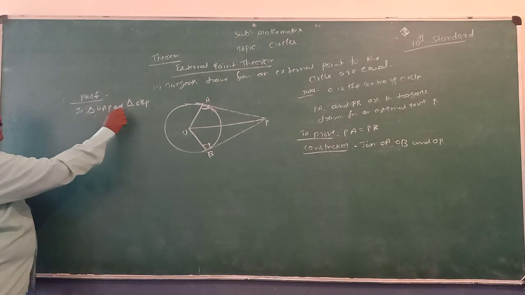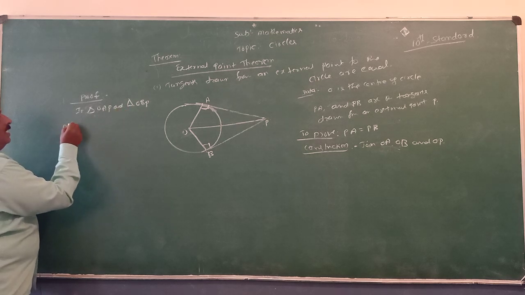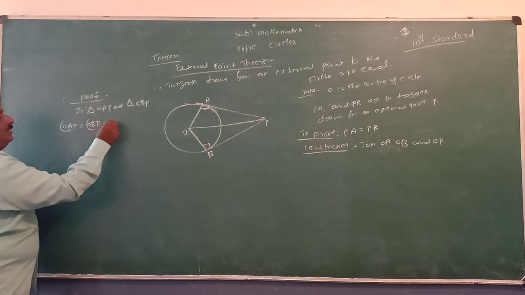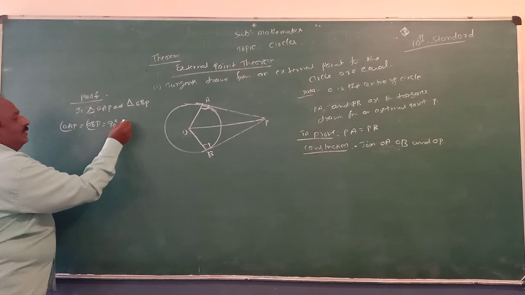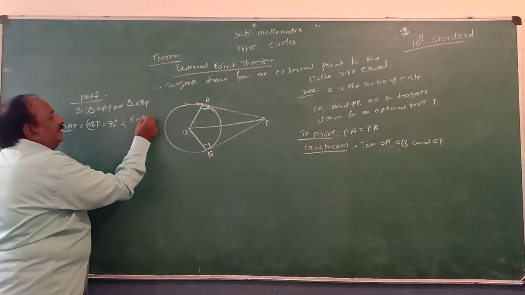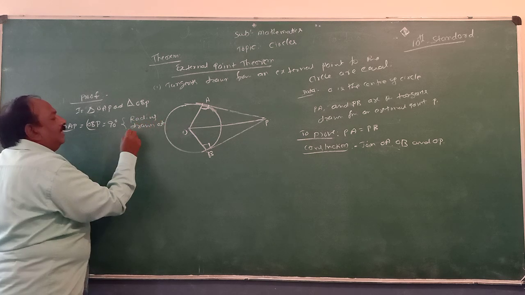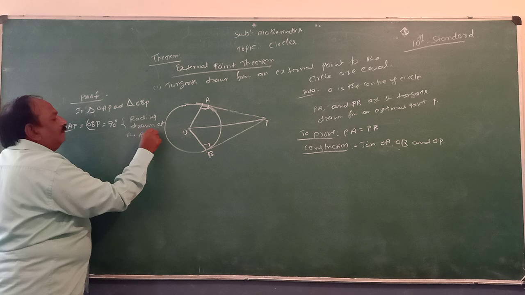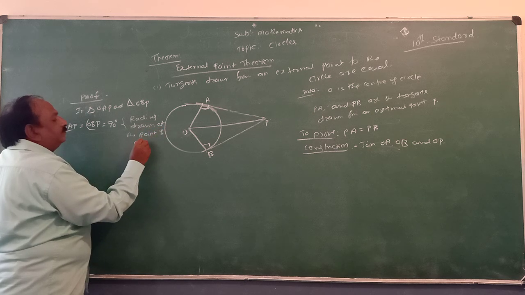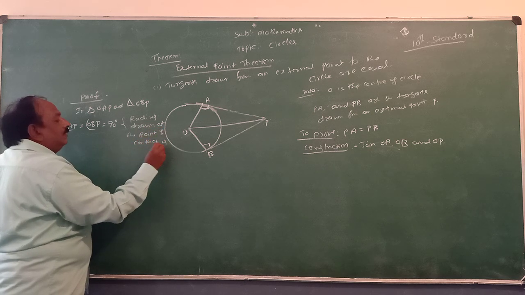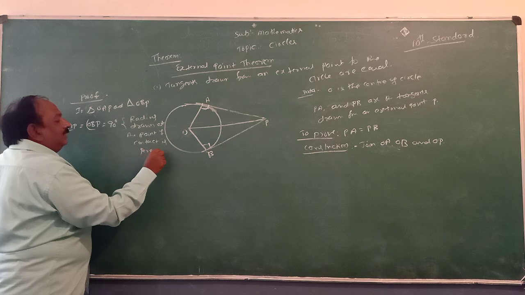In triangle OAP and triangle OBP, angle OAP is equal to angle OBP is equal to 90 degrees, because the radius drawn at the point of contact is perpendicular to the tangent.